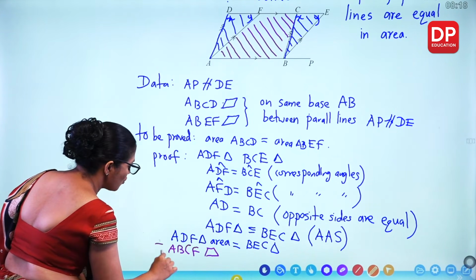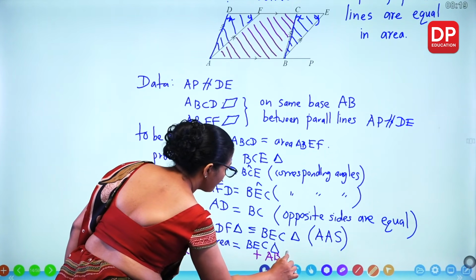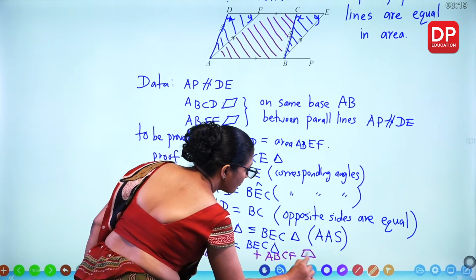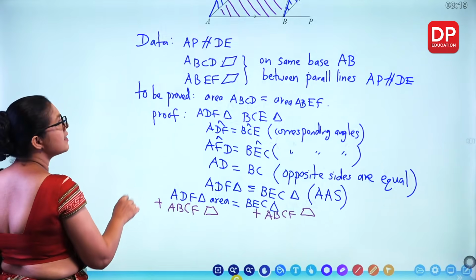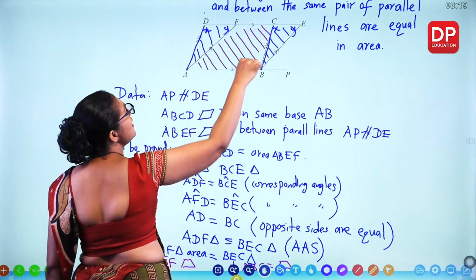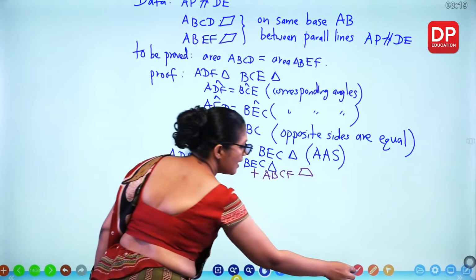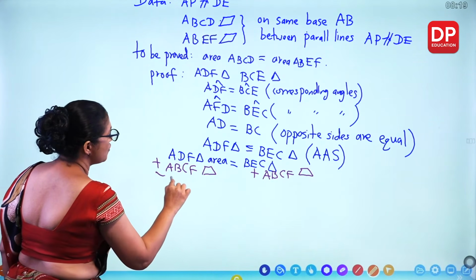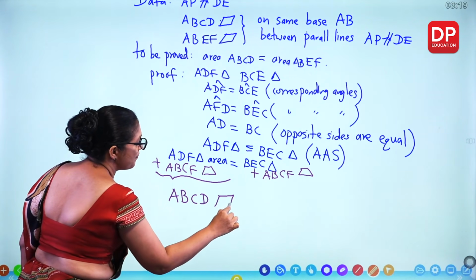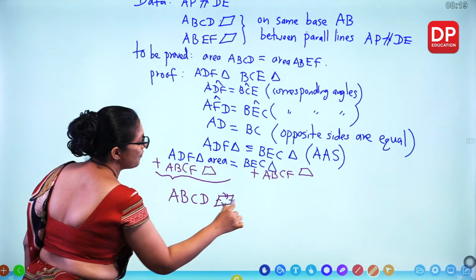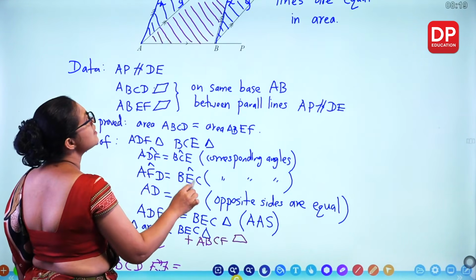When I add these two to both sides, what happens? What you get when you add this one and this one? I get ABCD parallelogram. What about the other side? We'll check BEC triangle.